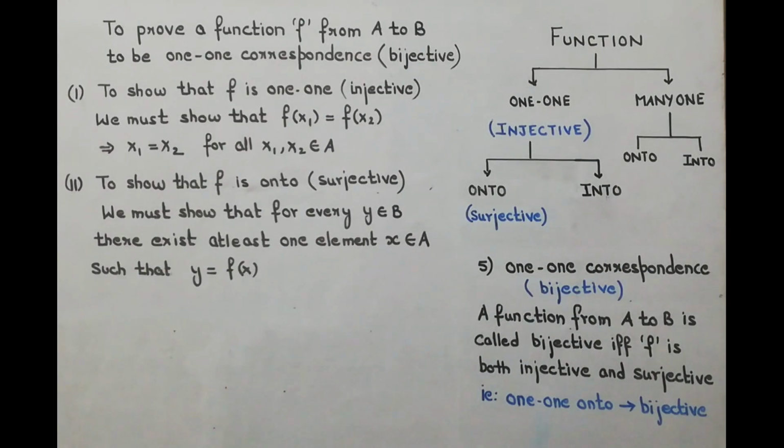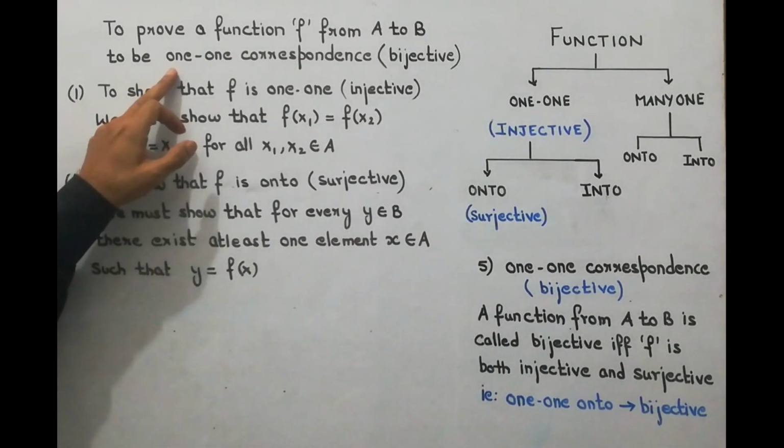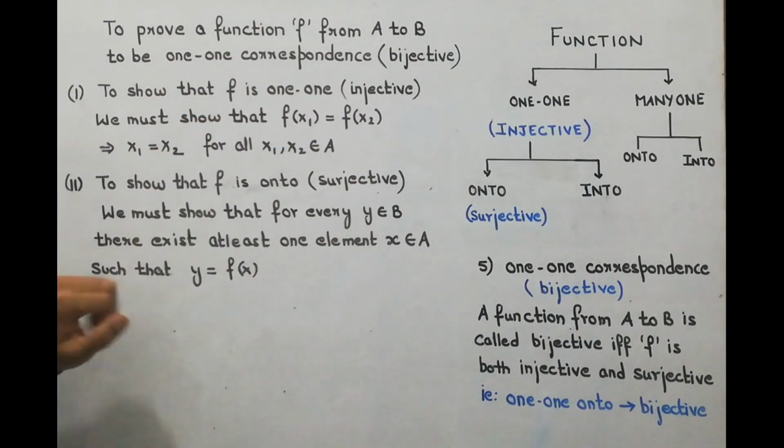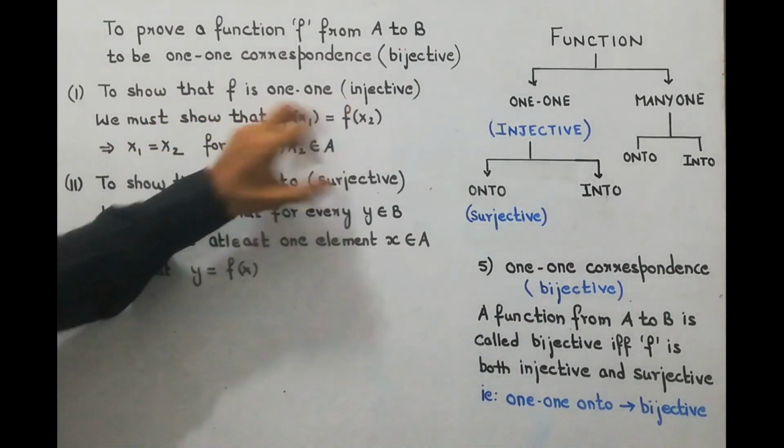Now here I have written 2 points for you that you will be following to prove a function to be 1-1 correspondence. Whenever we will be asked to prove a function to be 1-1 correspondence or bijective, you will be following these 2 points. First of all, you have to show that function is 1-1, that is injective.